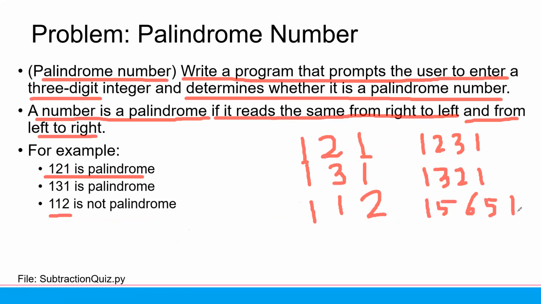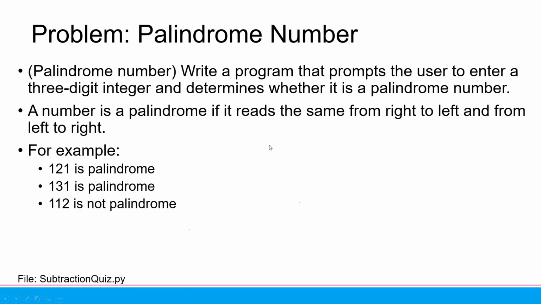Yes. So in common sense, it should have the same order when we read from the left to right or right to left. For the simple problem, let's just use the 3-digit number. Maybe after next week, we will learn how to determine the palindrome number with more than 3 digits.